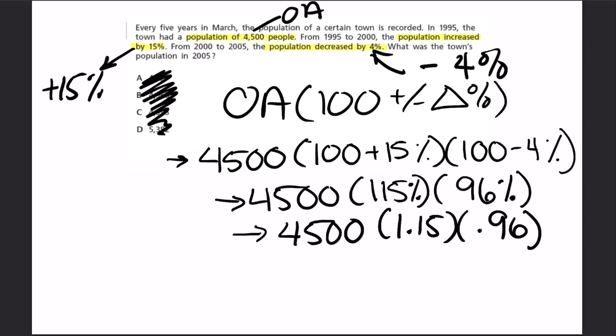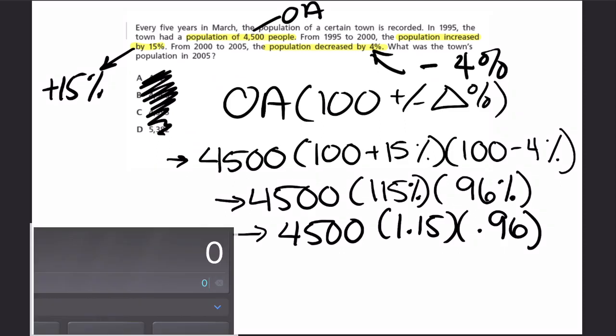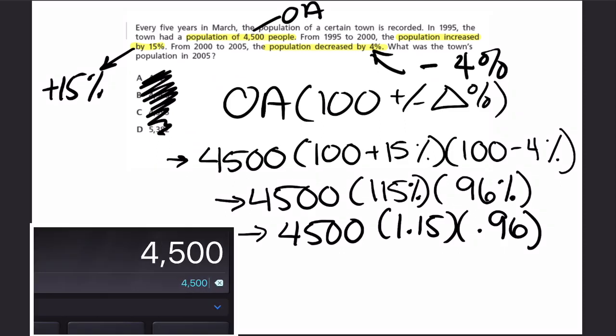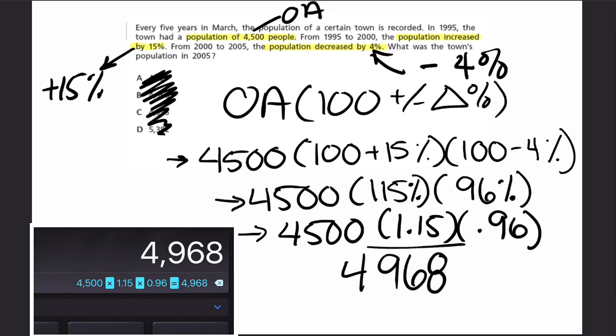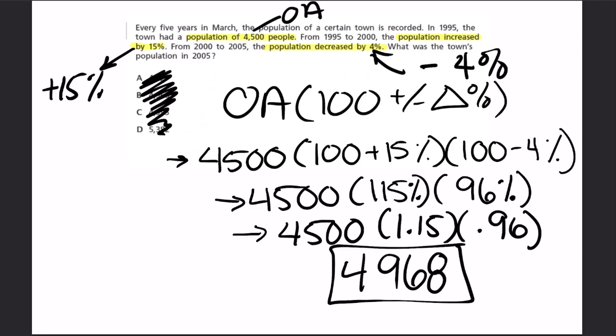So let's take out our calculator and see what we get. 4,500 times 1.15 times 0.96, and we get 4,968 as the population. We can uncover our answers, and there it is. That's choice B. So that was a nice, easy way to do it with a calculator.